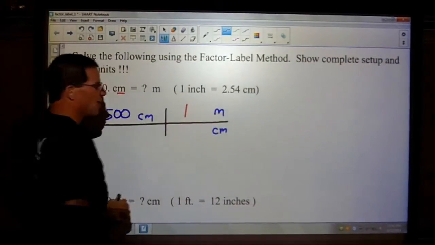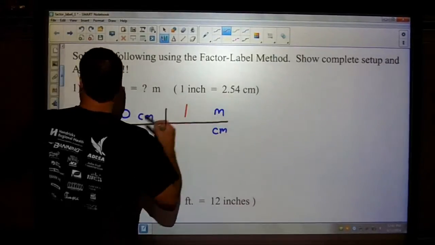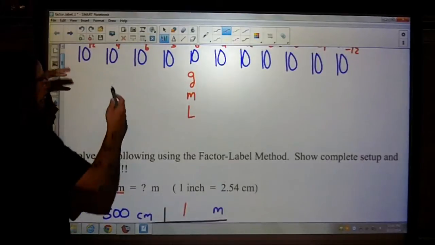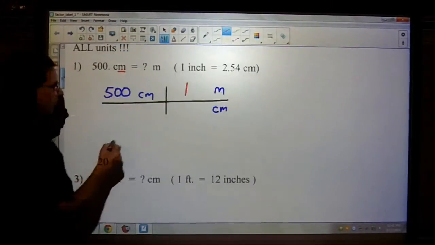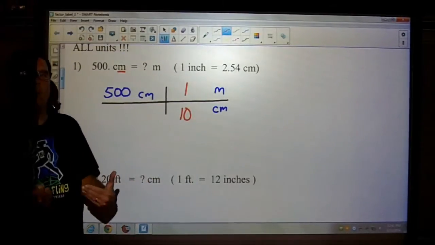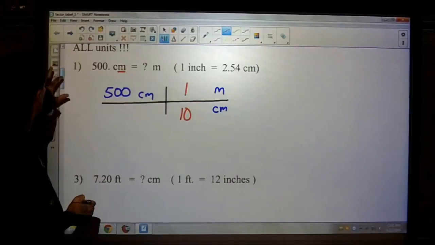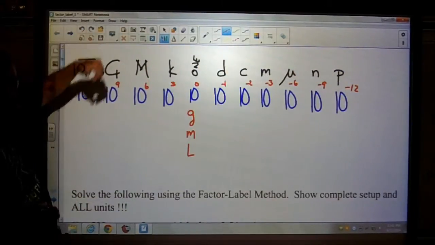So you put a 1 on the unit that is larger. And then, since this is all, again, metric, so they all have base 10 here, we're going to place a 10 down here. And then I need to ask myself, how many times do I need to move the decimal point to get from meter to centimeter? Or vice versa, to go from centimeter to meter.